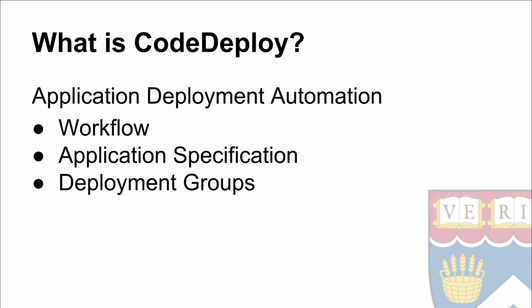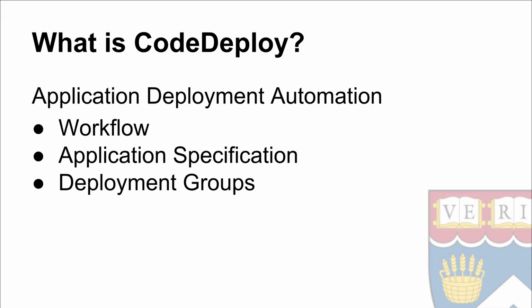So starting off, what is CodeDeploy? CodeDeploy is basically an automation platform to allow you to deploy software to a large number of EC2 instances in a controlled way. So it's basically application deployment automation for short. It allows you to define a workflow to build a web application and then deploy it to EC2 instances.